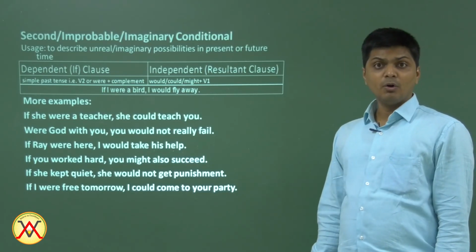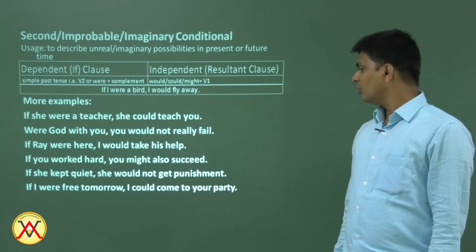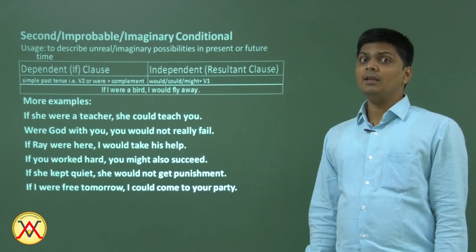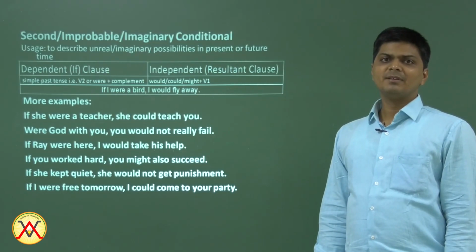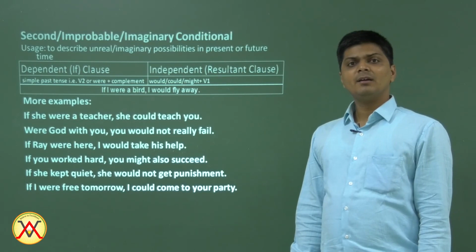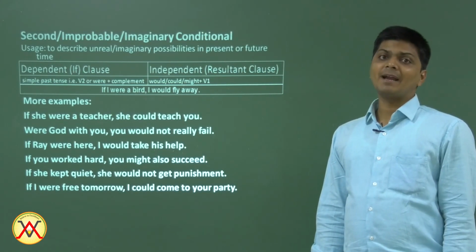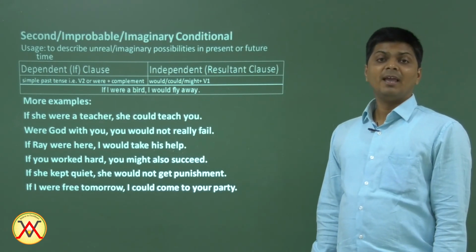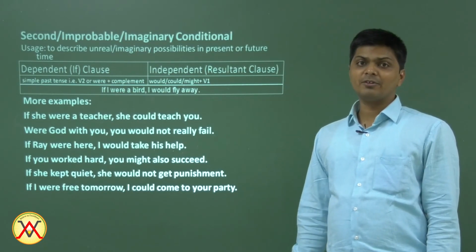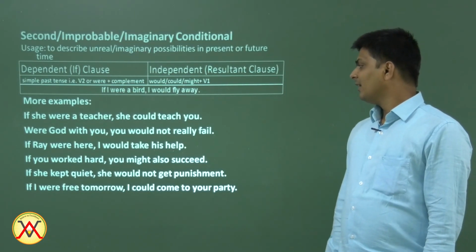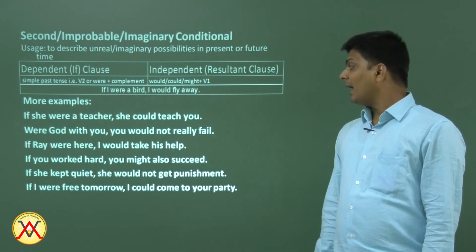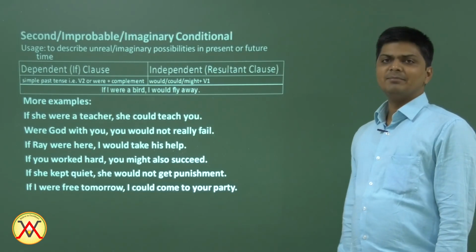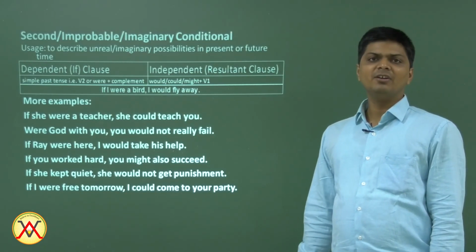If I were free tomorrow, I would join your party. If I were free today evening, I would help you. If I were free next week, I would go on a trip. But the fact is, I'm not free. I'm just imagining. And you have to use were, no matter what. I can also say like this, were I free tomorrow, I could come to your party. This is second conditional.